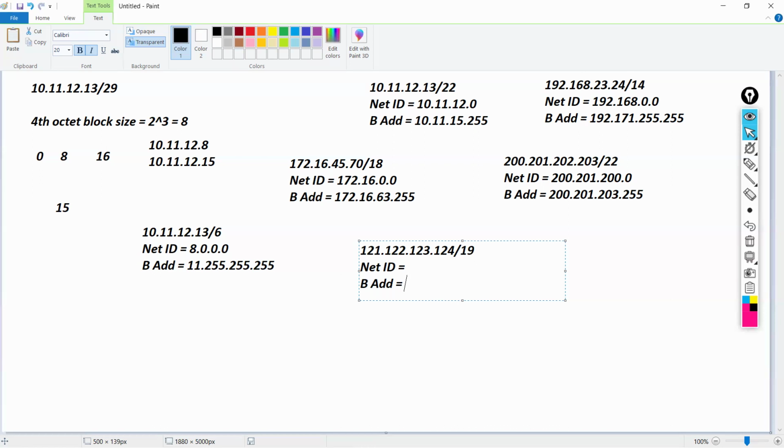120. Block size is 32. How come 120 will get divided by 32? Thirty-two, right? Block size 32. According to me, 32. I don't know what you're calculating.